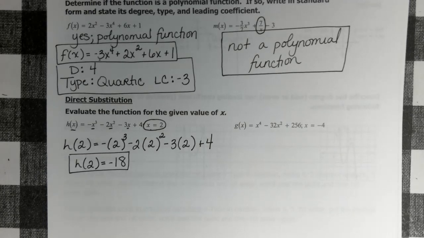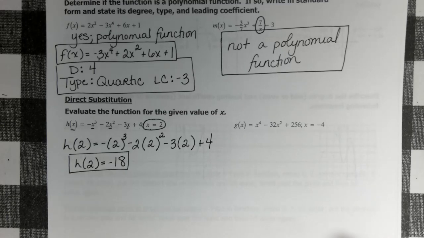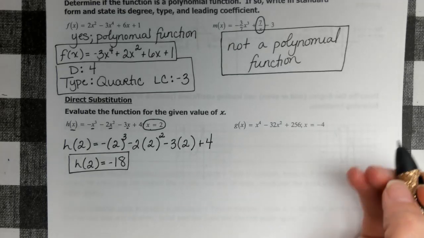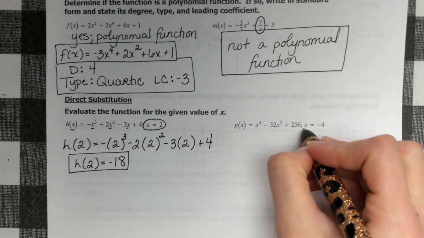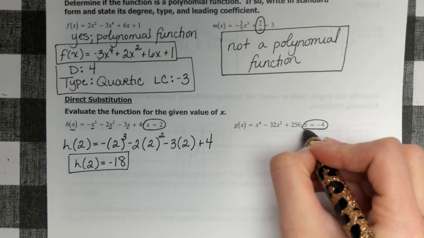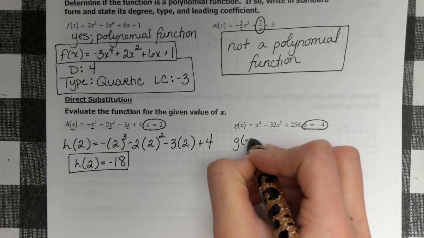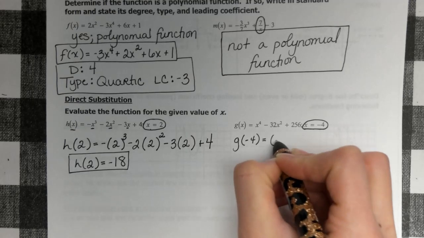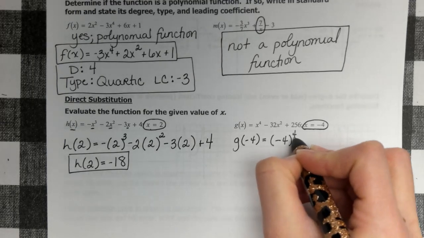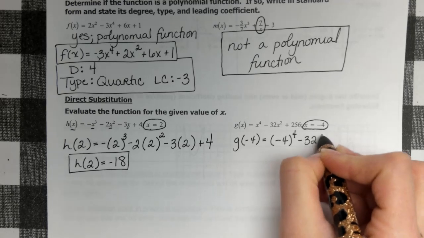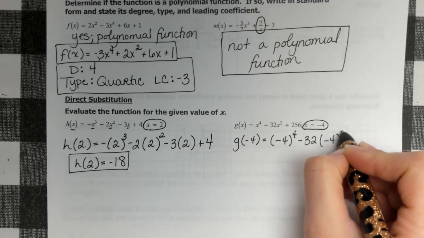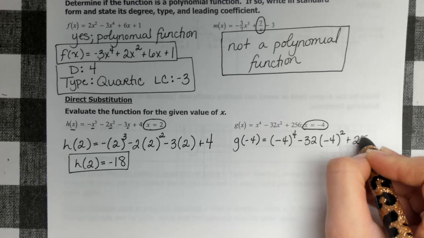Those of you who are typing it in, make sure you get negative 18. Are we good with that? Okay. So then the same thing for g of x. I want to know what the value of the function is for x equals negative 4. So I'm going to have g of negative 4 equals, in parentheses, negative 4 to the 4th minus 32 times, in parentheses, negative 4 squared plus 256.